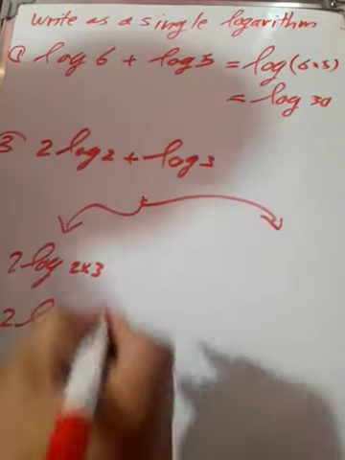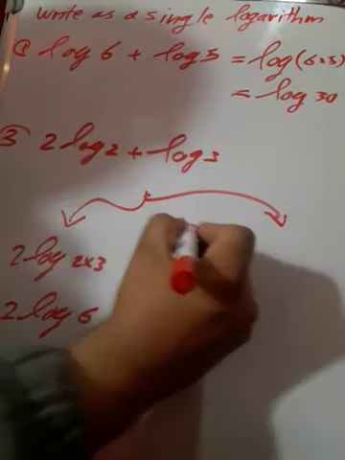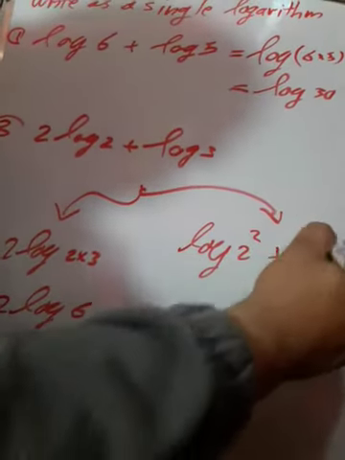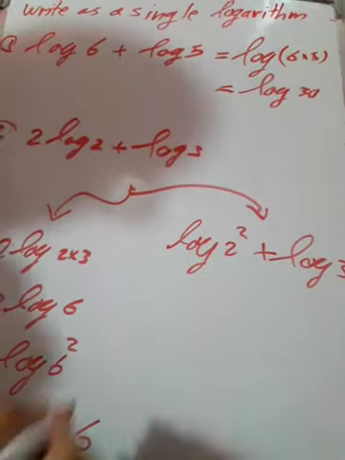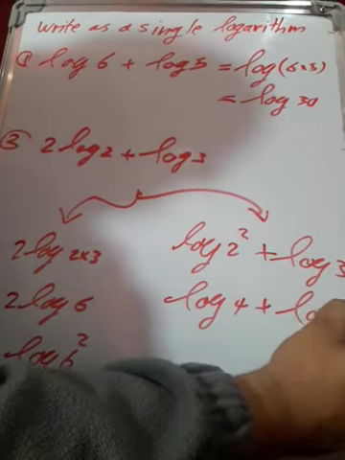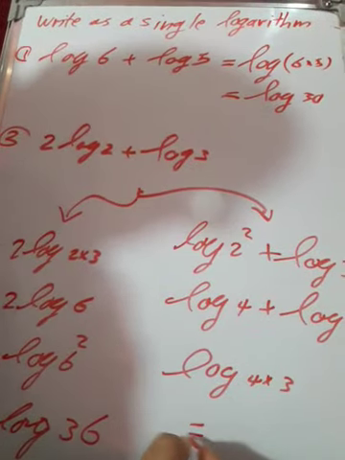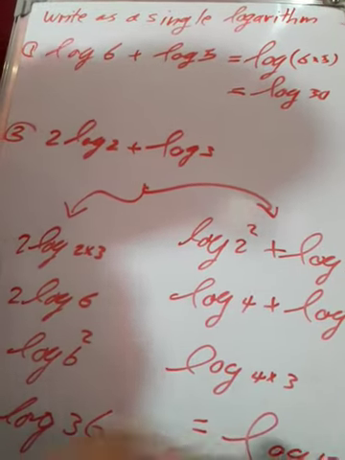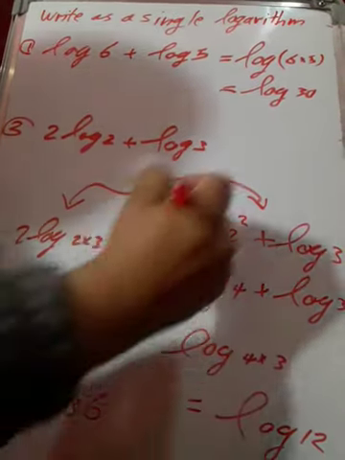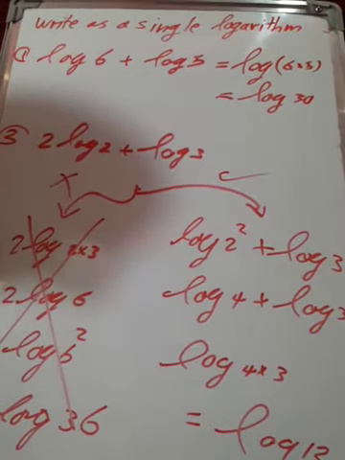Or you think that first I have to enter the 2 as a power, so I'll get logarithm 2 squared plus logarithm 3, logarithm 4 plus logarithm 3, and we'll get logarithm 4 times 3, which equals logarithm 12. Which one of them do you think is right? For sure, this is the right one, and this is a wrong solution.